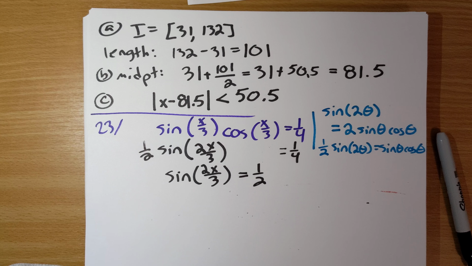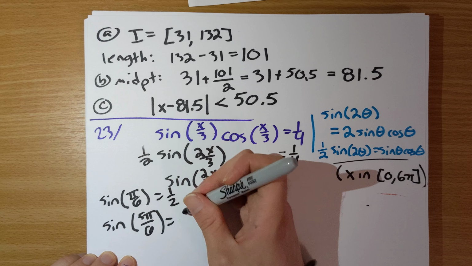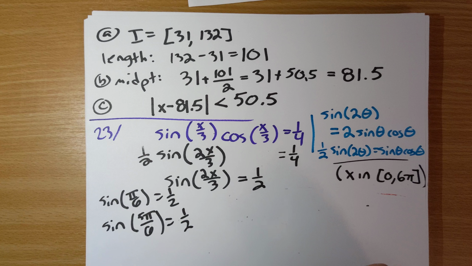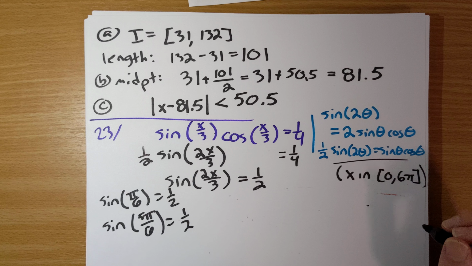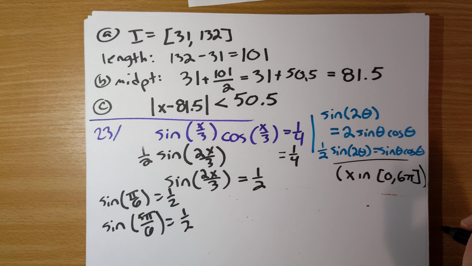We should also know that sine of 5π over 6 is equal to 1/2. And then we can add on integer multiples of 2π to the argument here to keep getting more angles where sine of the angle is equal to 1/2.